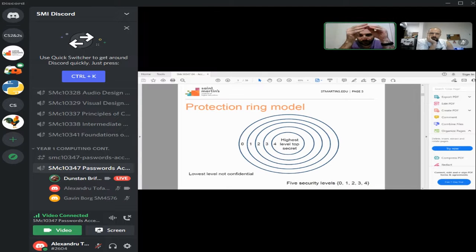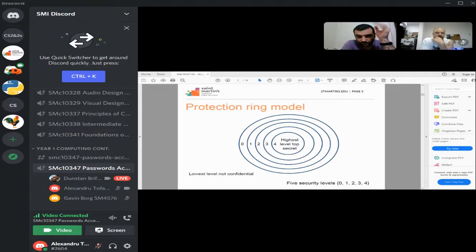This can be represented either like a protection ring, so you've got concentric circles, or a sort of pyramid, where you've got the top and then going down. If we look at the protection ring, the center part is the highest level, the top secret, the most secret possible.